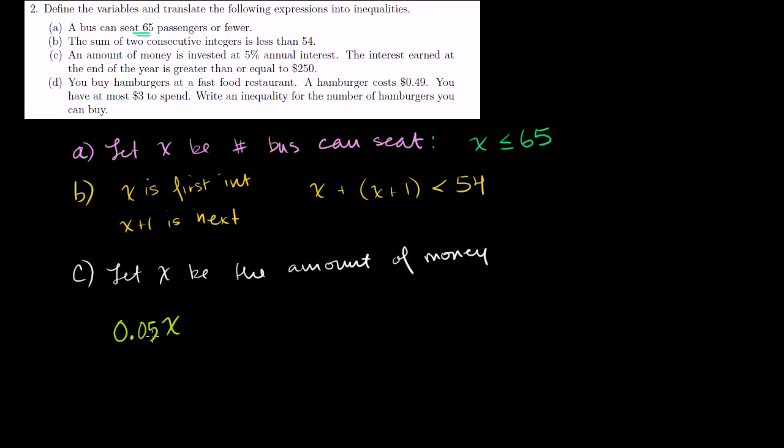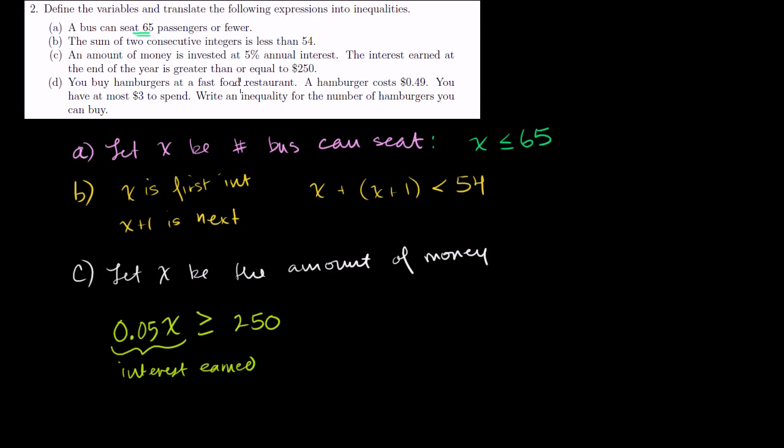So 0.05 times the amount of money invested, that is going to be greater than or equal to $250, the interest earned.